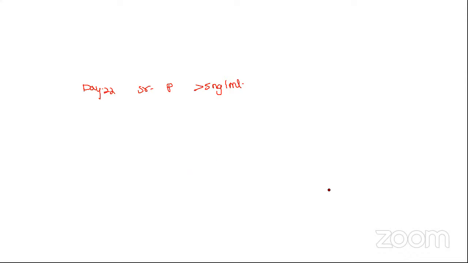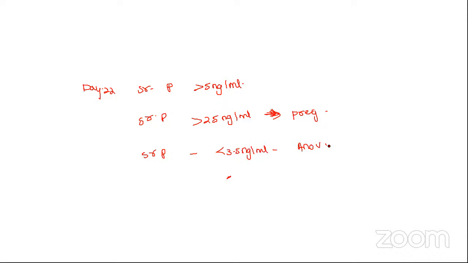And if serum progesterone is more than 25 nanogram per ml, it is an indicator of pregnancy. And day 22 serum progesterone levels less than 3.5 nanogram per ml is an indicator of anovulatory cycles. So definitely day 22 serum progesterone is an indicator.